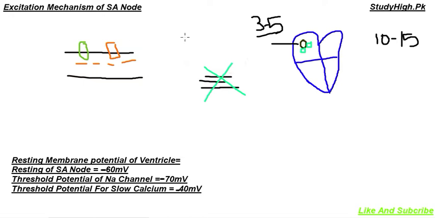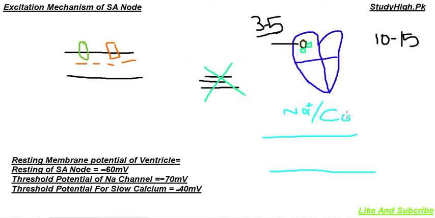And the third important thing, which is the cause of self-excitation of the SA node, is that its cell membrane is naturally leaky or permeable to sodium and calcium ions. Now I am going to give you the concept of why it has a less negative resting membrane potential as compared to ventricular muscle.